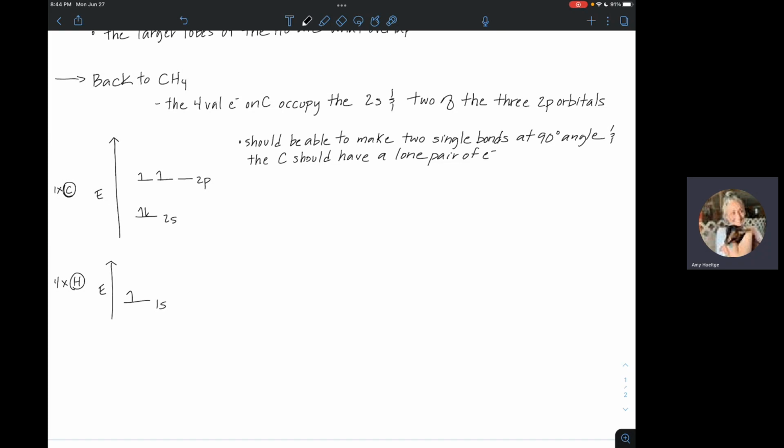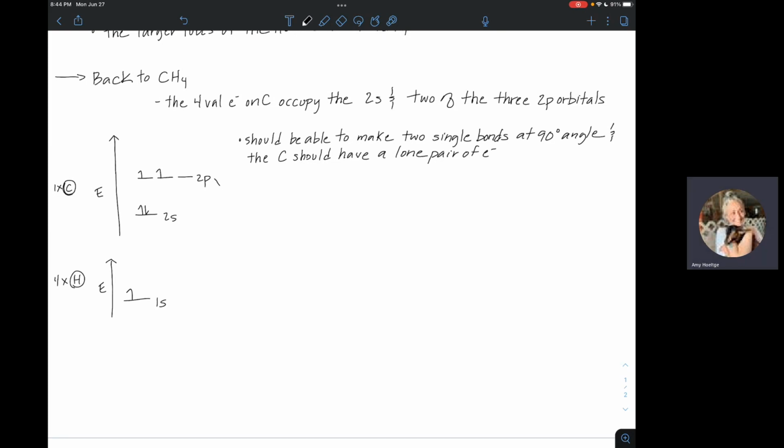What if we mix the 2s and the 2p orbitals? So I'm going to take these, mix them together. And what do I have here? I have a 2s orbital, and then I have 3 different orientations of the 2p orbitals. 1, 2, 3. I've mixed 4 atomic orbitals together.